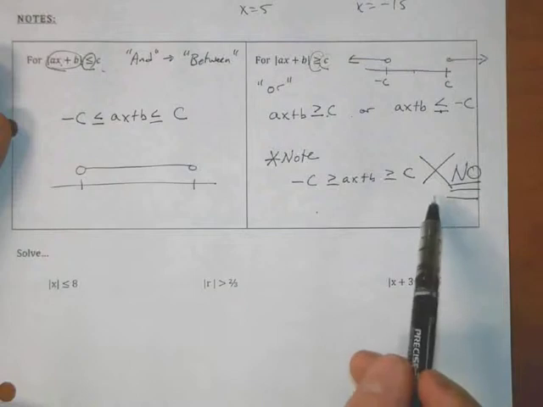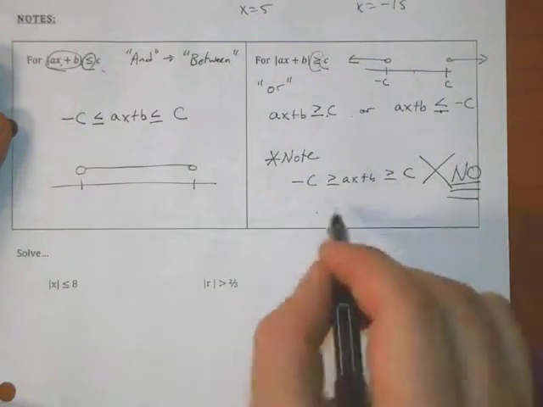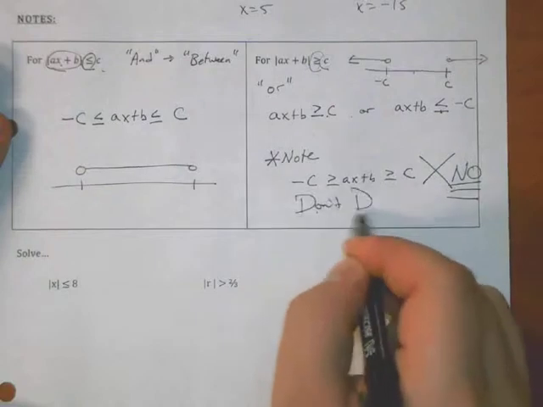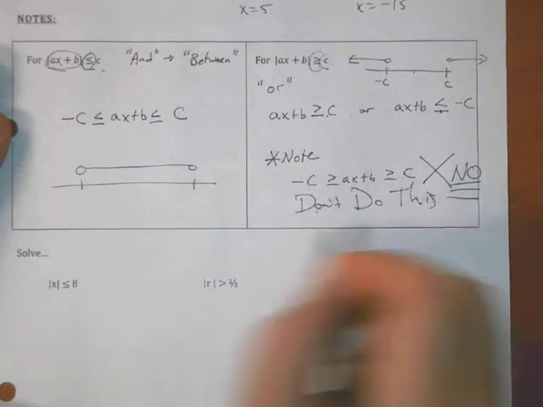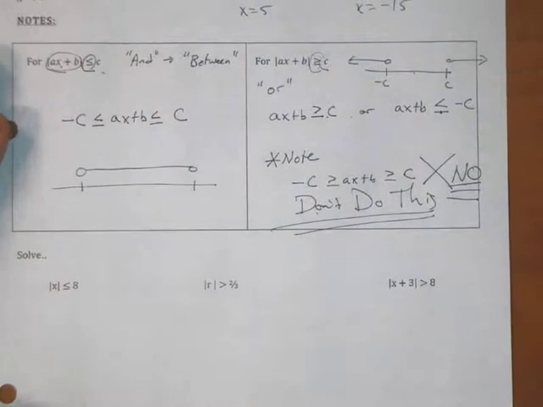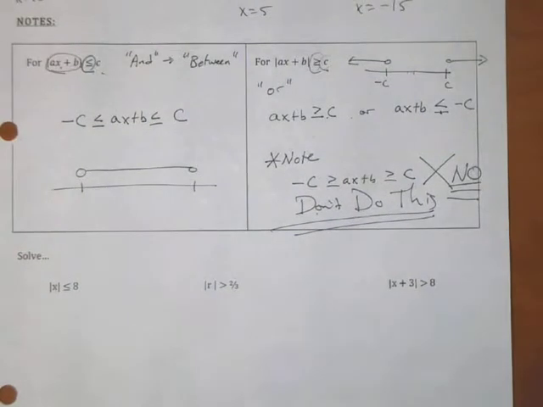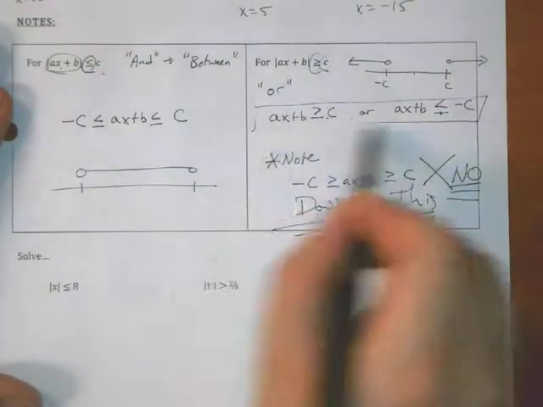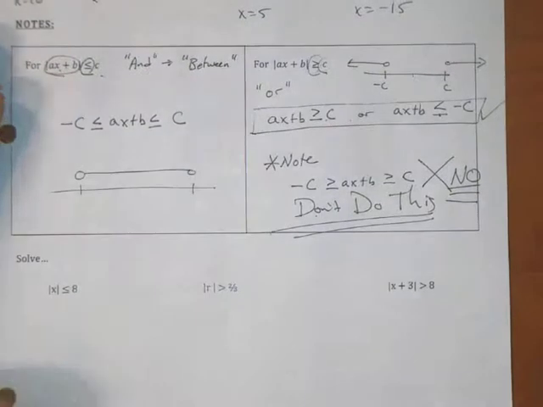This does not really make a ton of sense. Don't ever write your inequalities like this. Okay, don't do that. Go with this method up here, it's the good one. Okay.